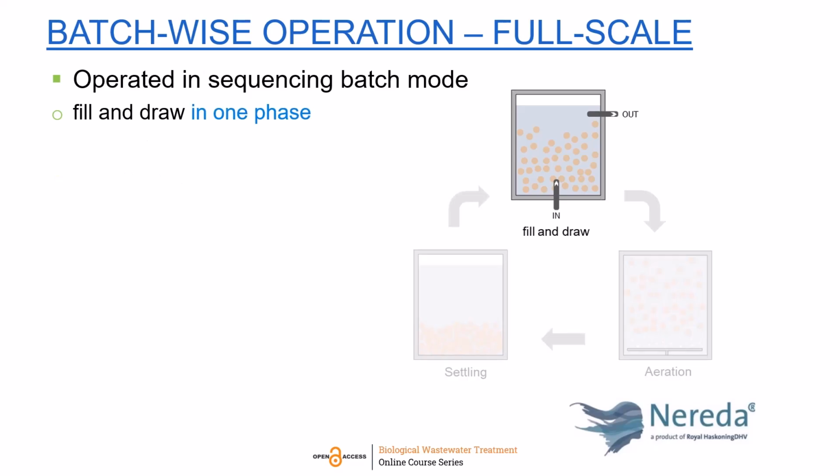But the main difference with the lab-scale operation that I just presented is that the influent feeding and the effluent withdrawal take place simultaneously. Simultaneous influent feeding and effluent discharge has several advantages. It saves time and energy, and it makes that the discharge flow can be kept relatively low.